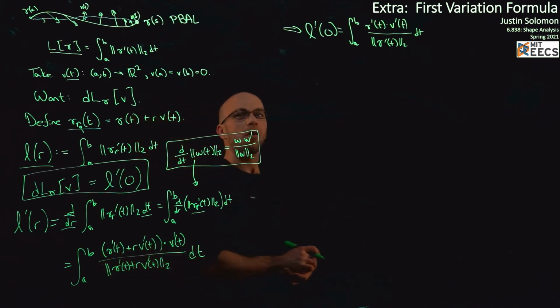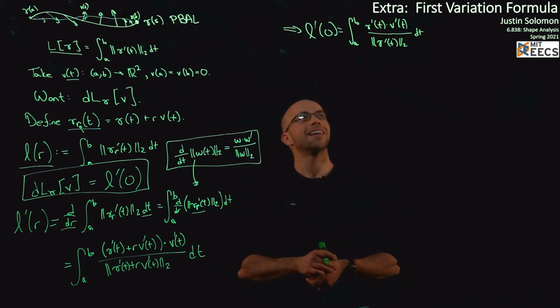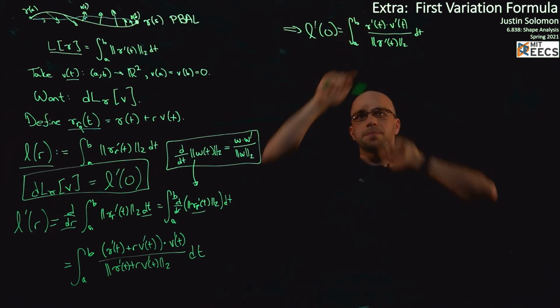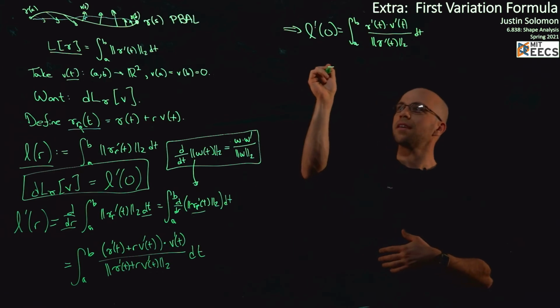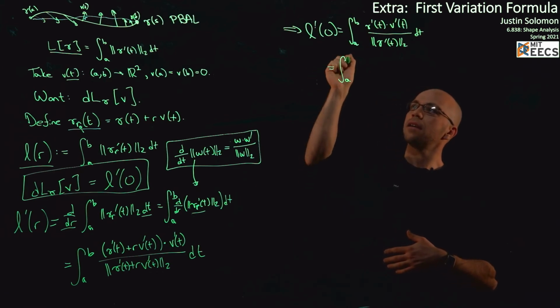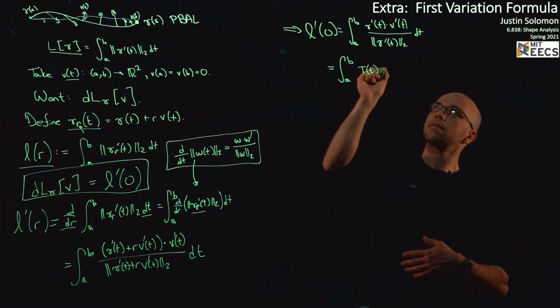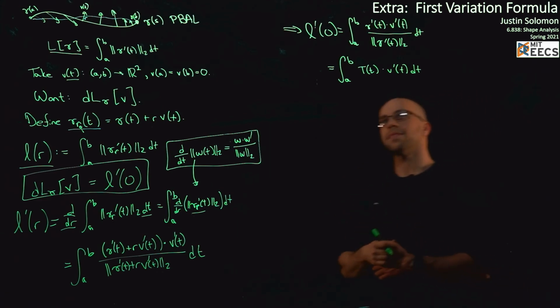And now when we step back and look at our expression, we can start to do some simplification. In particular, notice that we have gamma prime divided by the norm of gamma prime. Well, that's exactly the unit tangent to our curve. So this is the integral from a to b of the unit tangent, T dot v prime of t, dt.